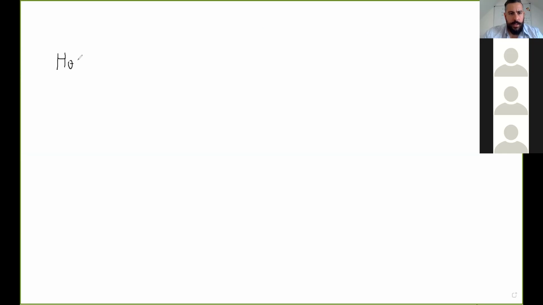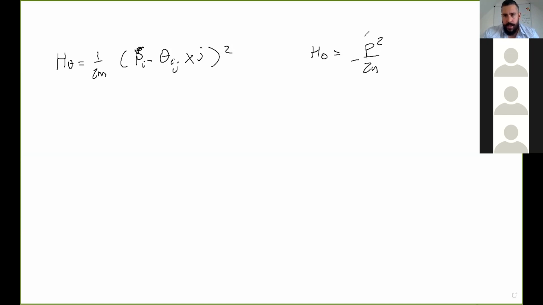So H theta was then the sum over i of p_i minus theta_ij x_j, the whole thing squared, divided by 2m. So basically what happened is I went from having an undeformed Hamiltonian, which was just p squared divided by 2m, to a minimal shift in the momentum.